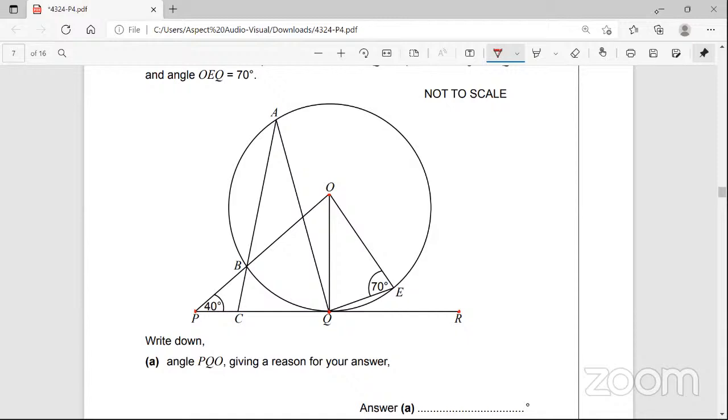If I have a circle, then I have a line going through the center, and then this line touches the circumference. What kind of angle will I form here? Okay. If I have a circle, and then I have these 2 points, something like this.